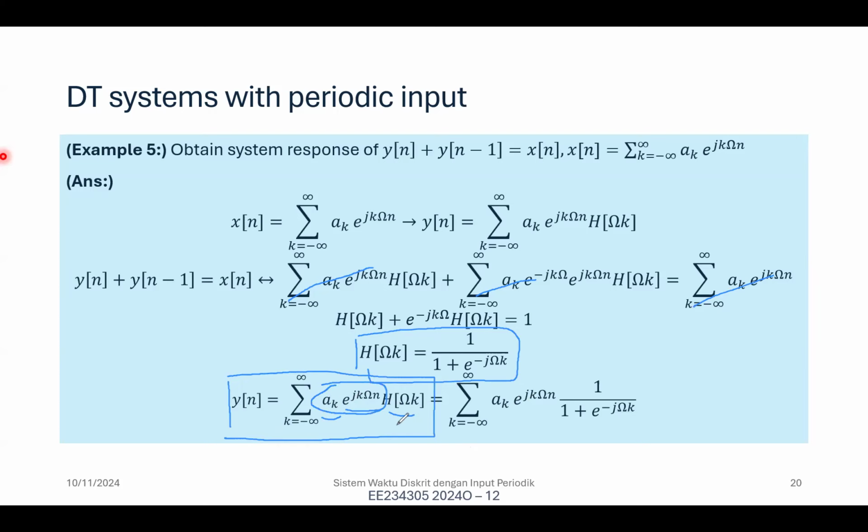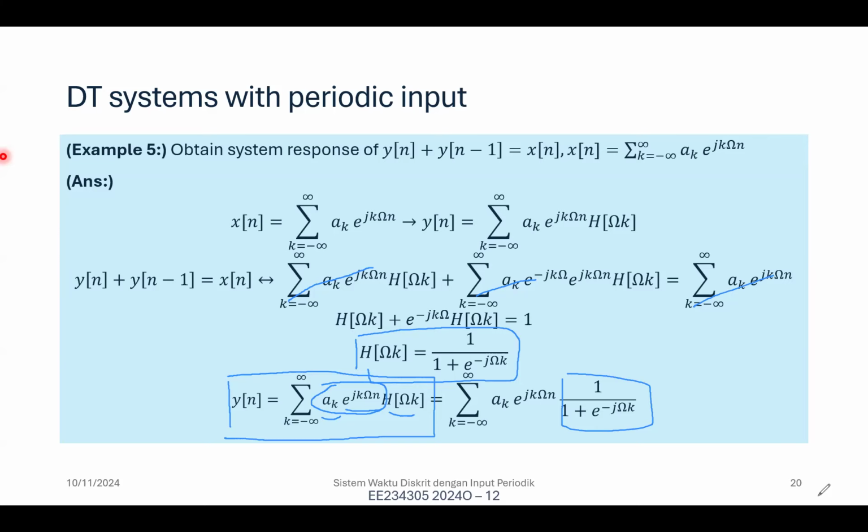We don't do anything with this. So for H(ω_k), we just plug in this value, right? So that's the output. It may look a little bit abstract for now, but let's see the next example.